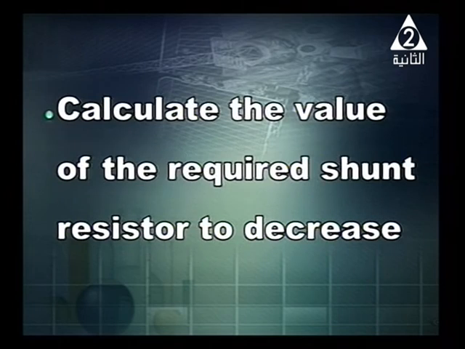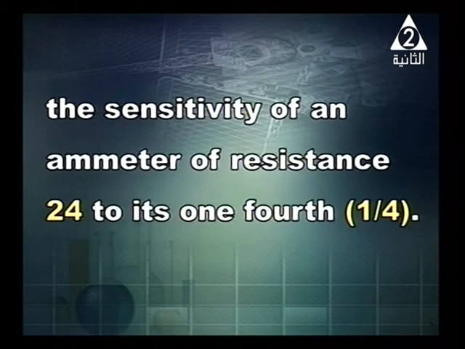Find the value of the required shunt resistor to decrease the sensitivity of an ammeter of resistance 24 ohm to 1/4.